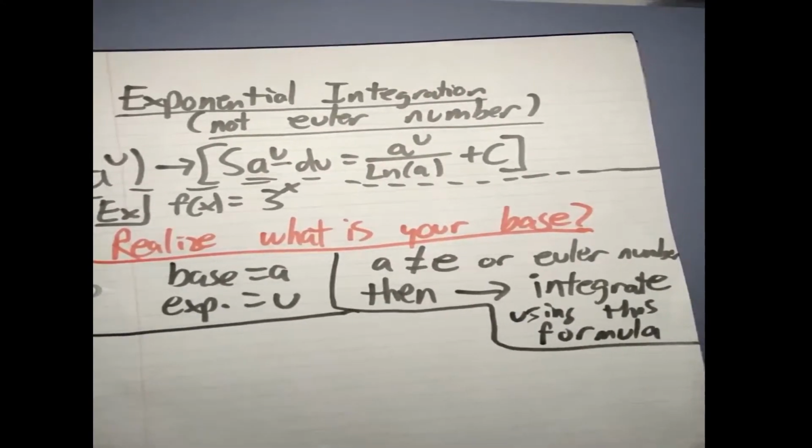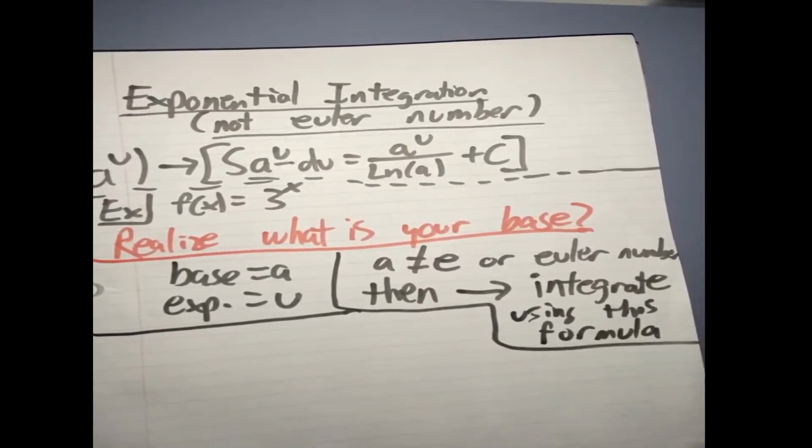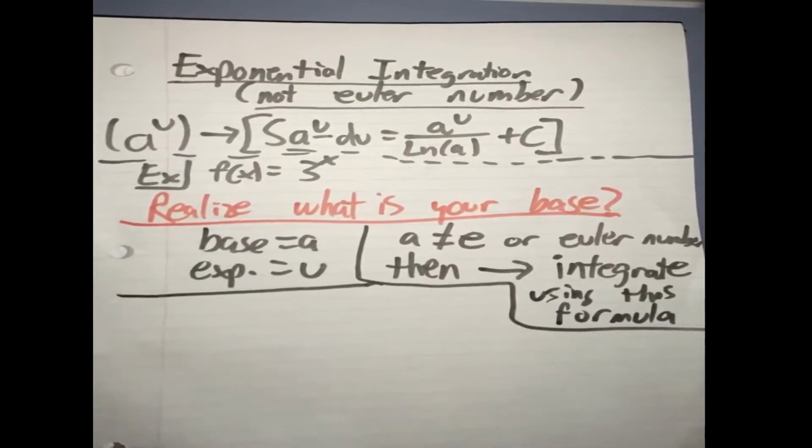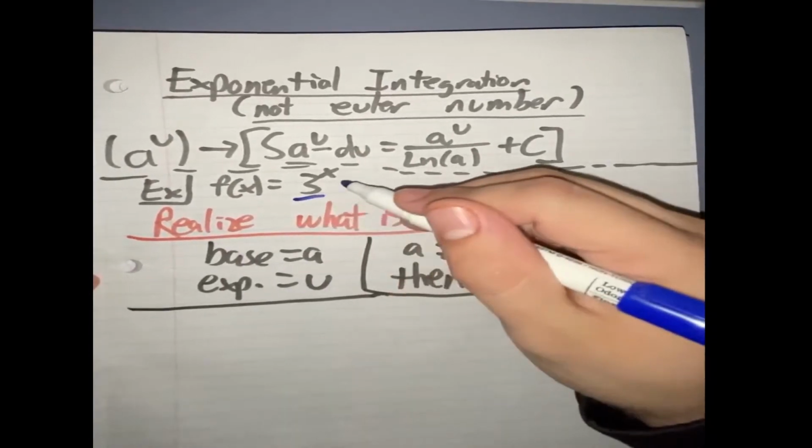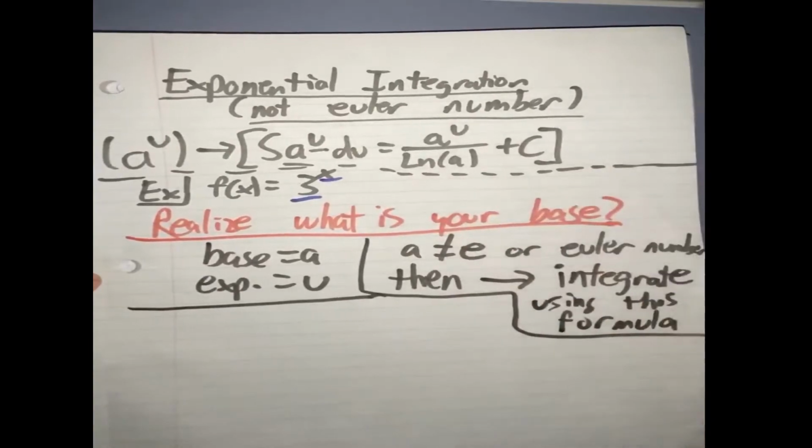So the first thing we're going to do is recognize that our A is not equal to E. Our A is equal to 3, and our U is equal to just x.